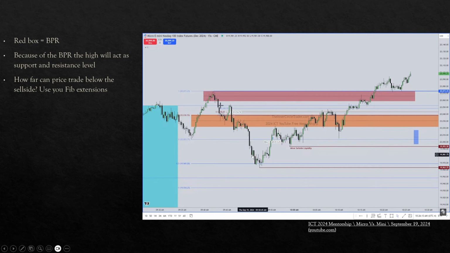Okay, and then let's go into the new concept ICT presented, a new balanced price range. So you can see the red box is the balanced price range. Now you're asking, how is that?